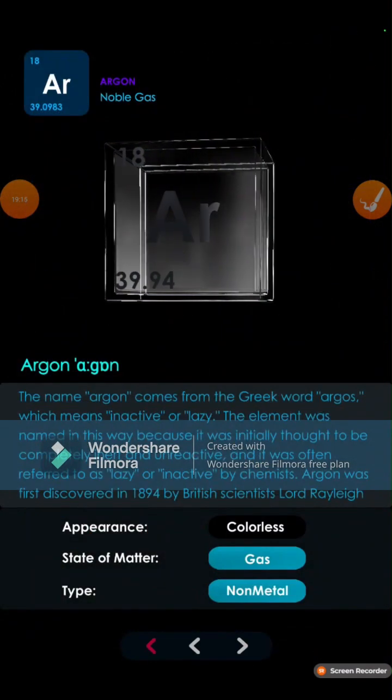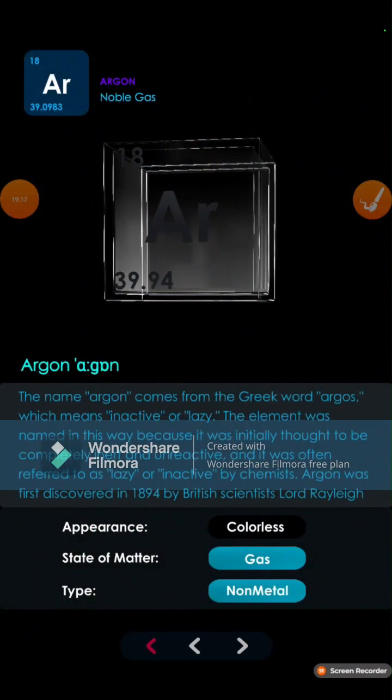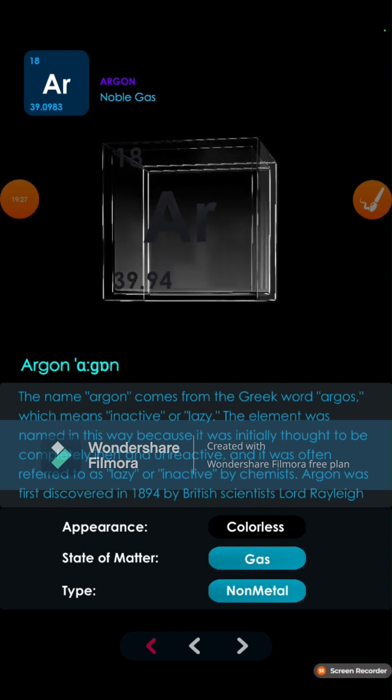Tell me where argon is used. Argon comes from a Greek word, argos, which means inactive or lazy. So argon is mainly lazy, a non-reactive gas. It is used in incandescent light bulbs which produce yellow light.